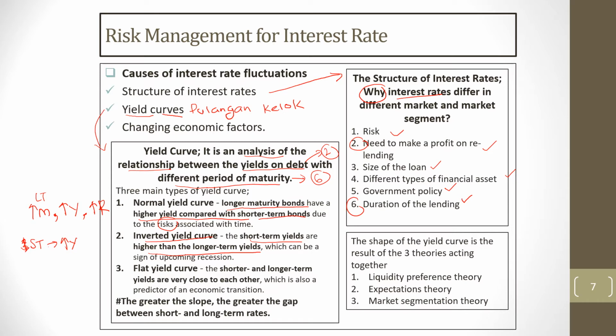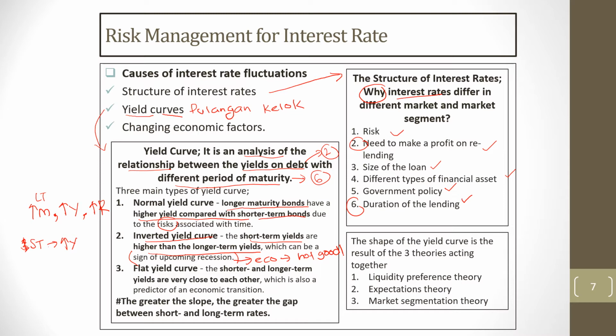Kenapa dia kata short term akan dapat pulangan untuk debt lagi tinggi berbanding dengan long term yield? Disebabkan this is the sign of upcoming recession. Recession dia berkaitan dengan ekonomi. It means that on that time the economy is not good. So bila not good, so dia akan letak on the short term pulangan untuk jangka masa short term period untuk mendapatkan higher yield of debt.